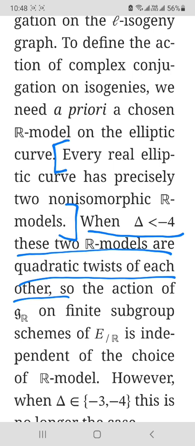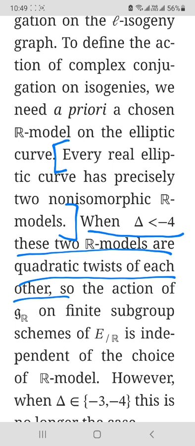They have the same J invariant, and the J invariant is defined over the real number field R, but they are quadratic twists of each other.